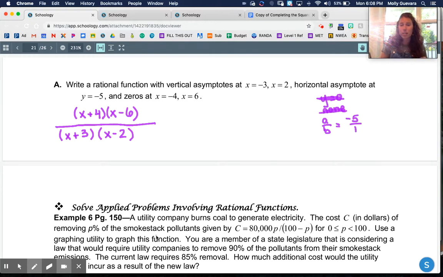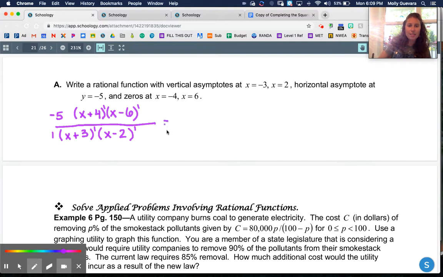If I make it a fraction. So that tells me that this equation is balanced, which it is, right? I have a degree of 2 on top. This is a 1 and a 1. There's 2. And a degree of 2 on the bottom, 1, 1. So this is balanced. So that means that my coefficients for the front are -5 and 1. And that's what gives me the horizontal asymptote.